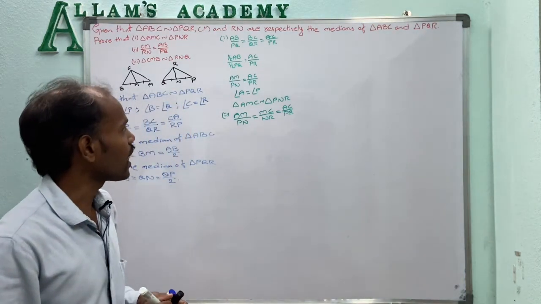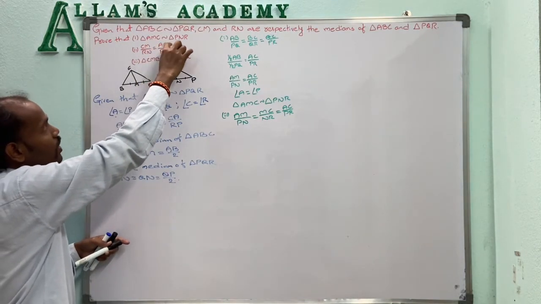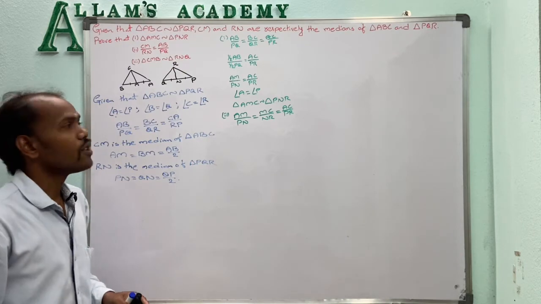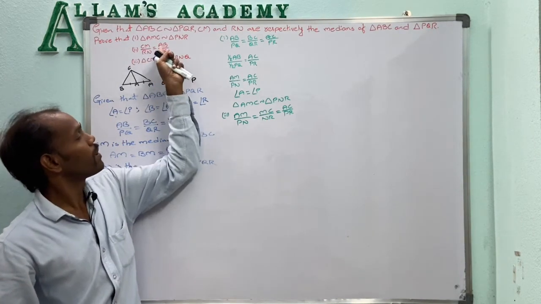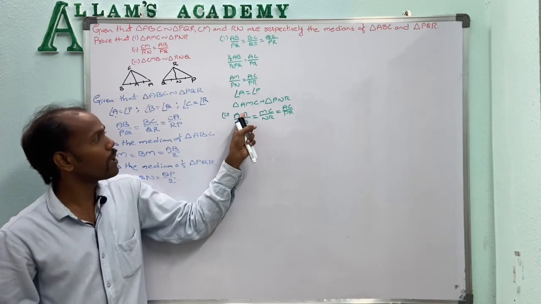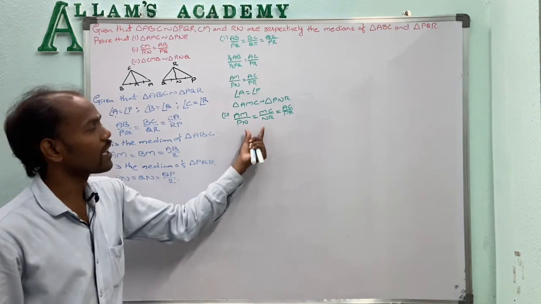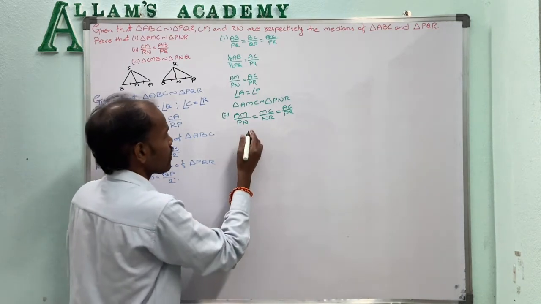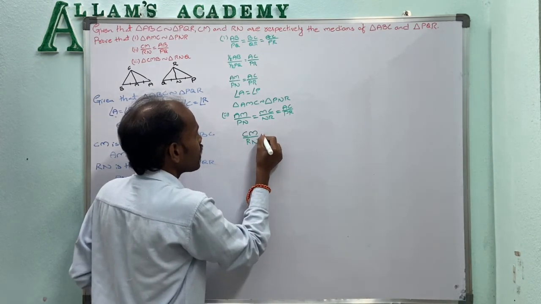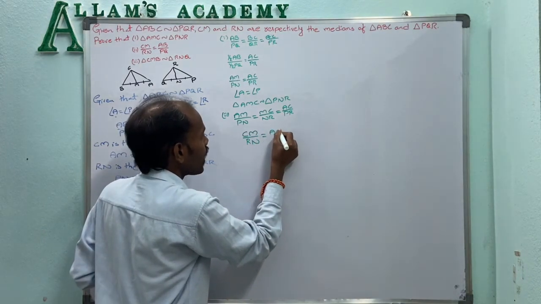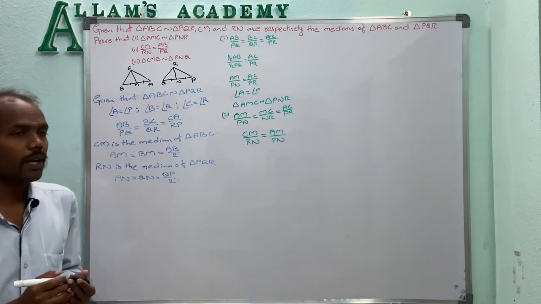Now our second question is CM by RN equals AB by PQ. We need AB by PQ from AM by PN. So CM by RN equals AM by PN.